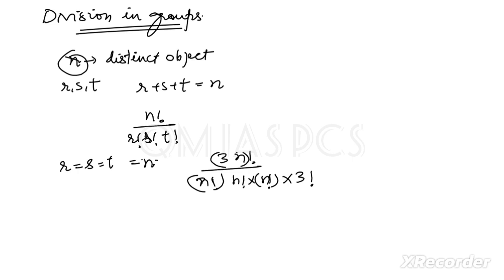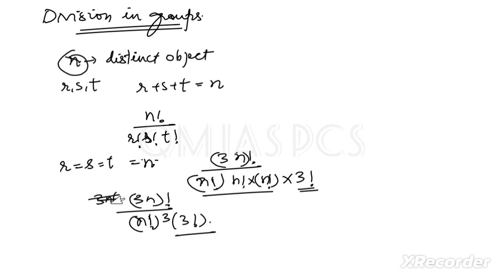To avoid this false counting, we have to divide by factorials. That's why 3 factorial is there. So it will be 3n factorial divided by n factorial to the power 3, and then 3 factorial. Okay, this will be your formula.